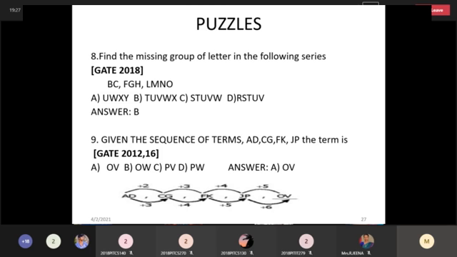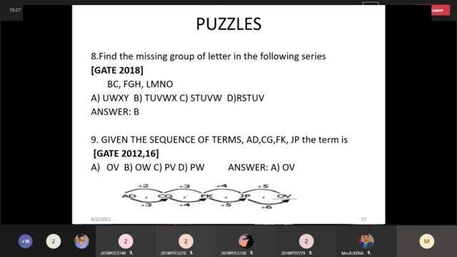So what could be the possible option here, that is B, TUVWX. BCFGH, LM and O, TUVWX is the right answer.